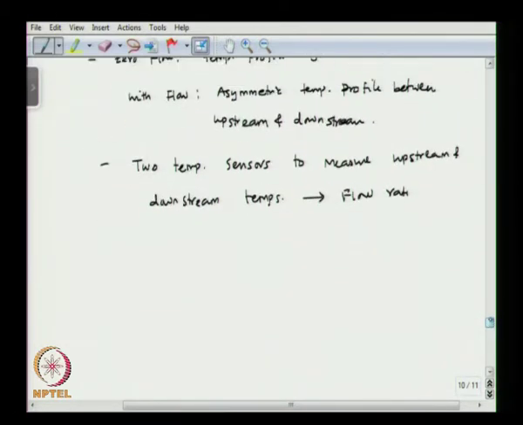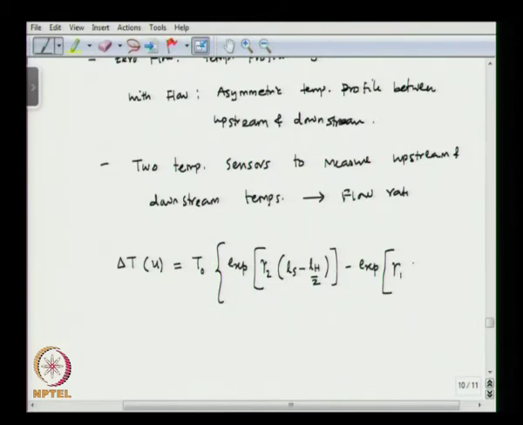So, the difference in the temperature between upstream and downstream, delta T, as a function of the velocity has been estimated as T0 into exponential gamma 2 into (Ls minus Lh by 2) minus exponential gamma 1 into (minus Ls plus Lh by 2).